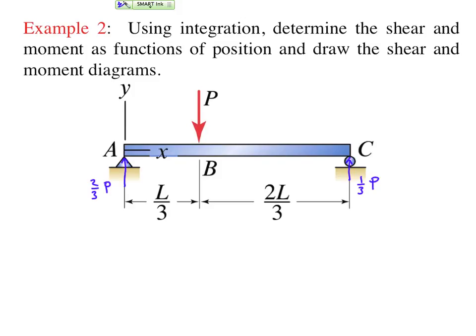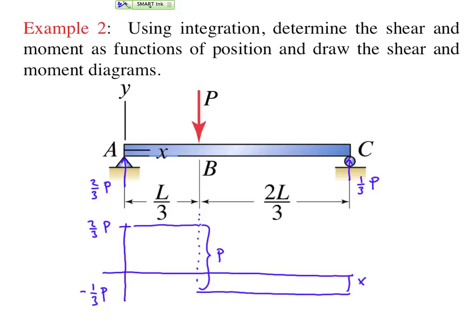It starts at x equals 0 equal to the vertical reaction at A, 2/3 P, is constant until B, and then drops down by external force P to minus 1/3 P. It remains constant until the end at C.